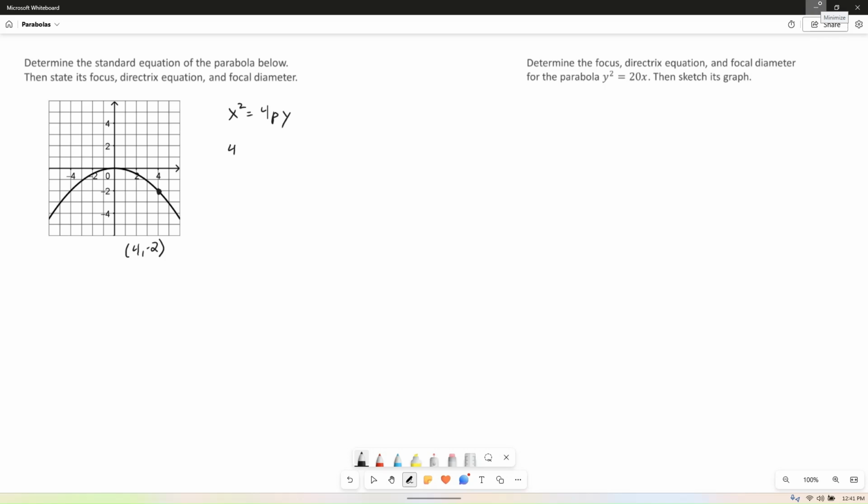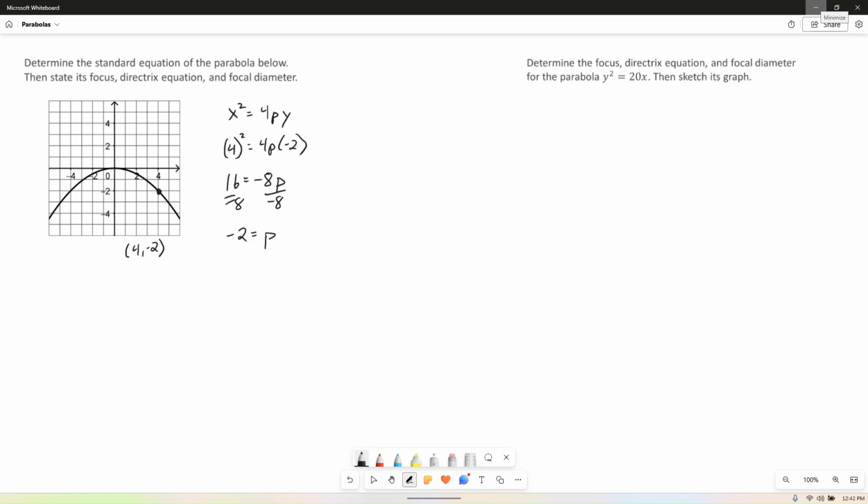So if I plug in 4 for x and -2 for y, I'll have 4 squared equals 4p times -2. Well, 4 squared is 16, and 4 times -2 is -8. So I have 16 equals -8p. And if I divide both sides by -8, I get p equals -2.